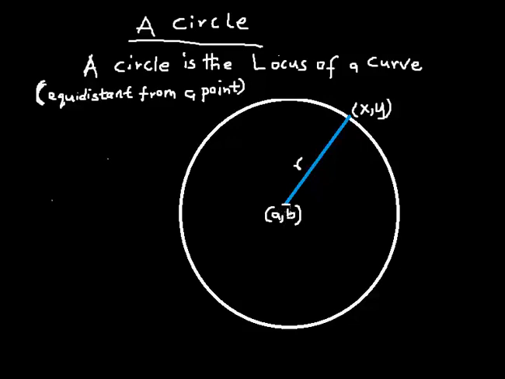So this center of the circle is a comma b. And of course I also represent the circumference of the circle by the coordinate x comma y. You know very well that in a circle the distance from the center to the circumference is always the radius of the circle.